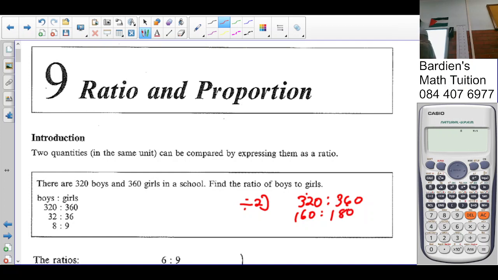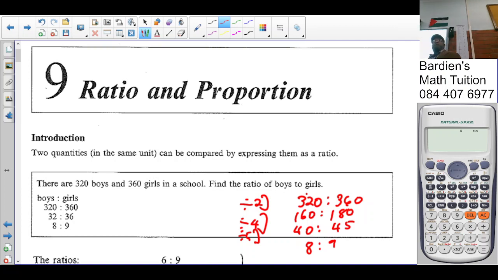Then you say, okay, 4 can go into here. Yes, 4 goes into 16, and 4 goes into 18 four times carry 2, so it's 45. Now we say, okay, 4 can be divided again, because it gives you 8 is to 9.